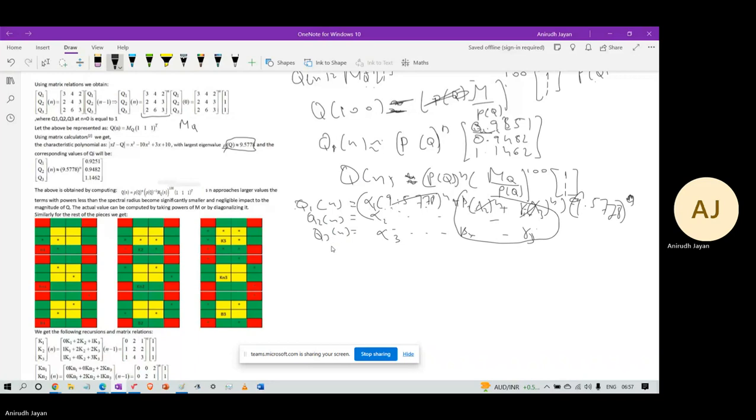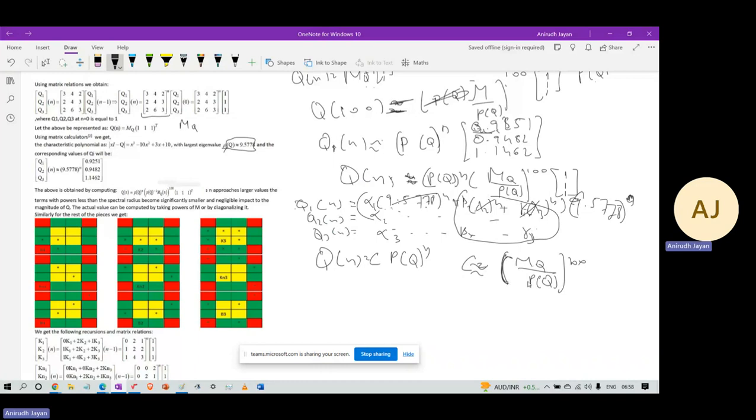Therefore, one can assume Q of n as a constant vector times rho of Q power n. This constant vector is nothing but this matrix divided by rho of Q power 100.